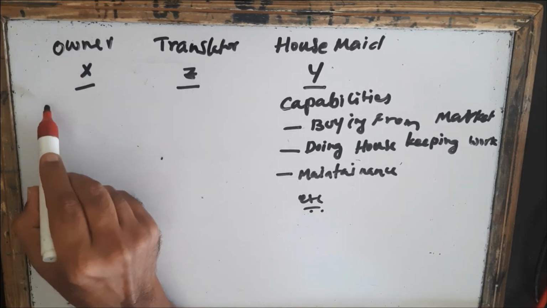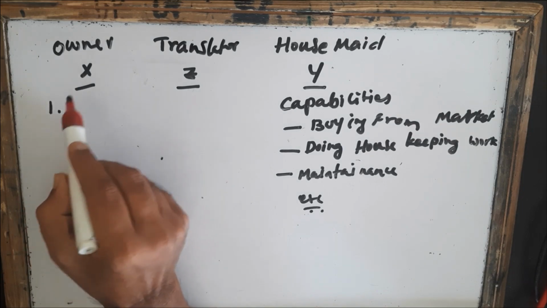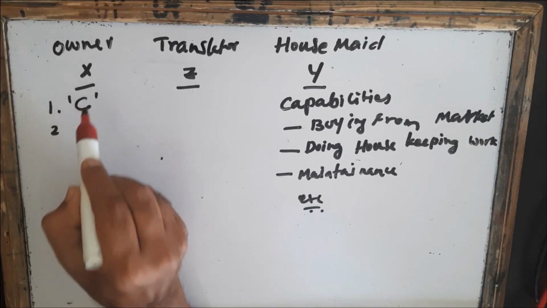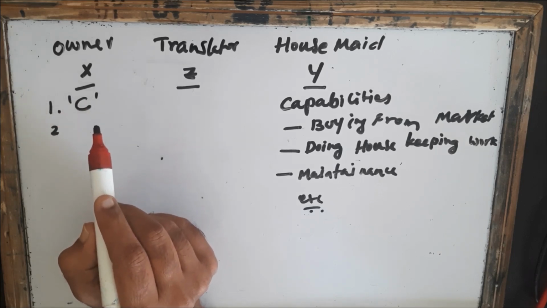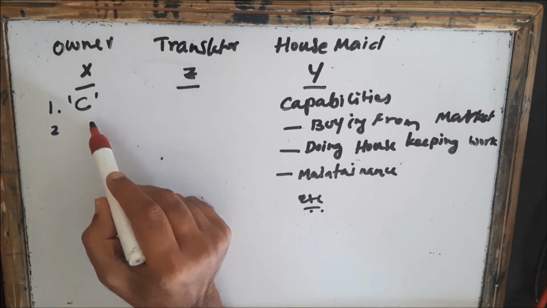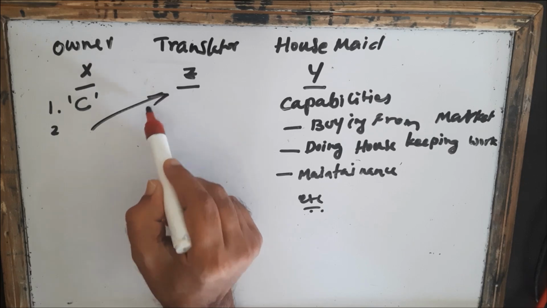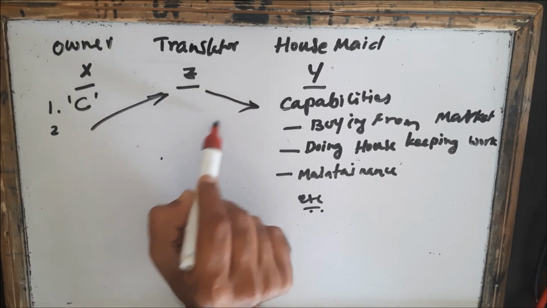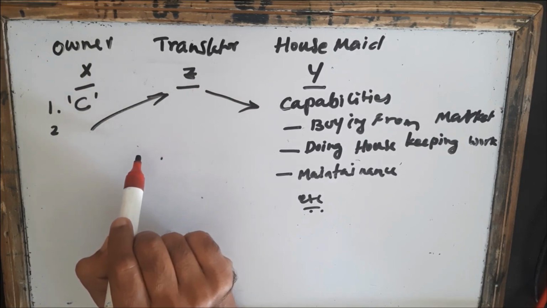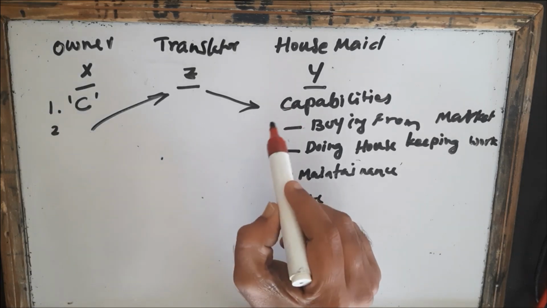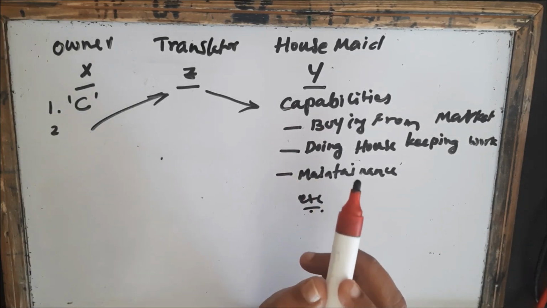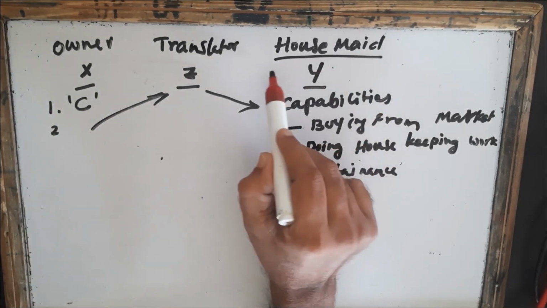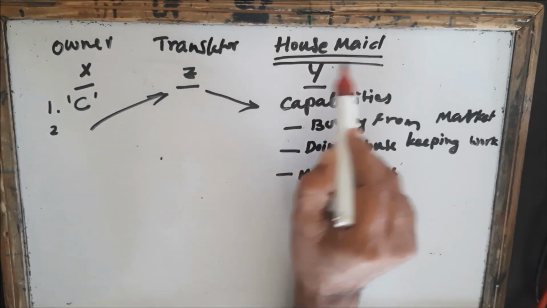If we know the capabilities of the housemaid, then the owner can write all his instructions in his language, that is the C language, and give those instructions to the translator, so that the translator writes all this in the language that the housemaid can understand. Then the housemaid can follow the instructions one by one as given by the owner. He doesn't know anything about the city or the language that the owner understands.